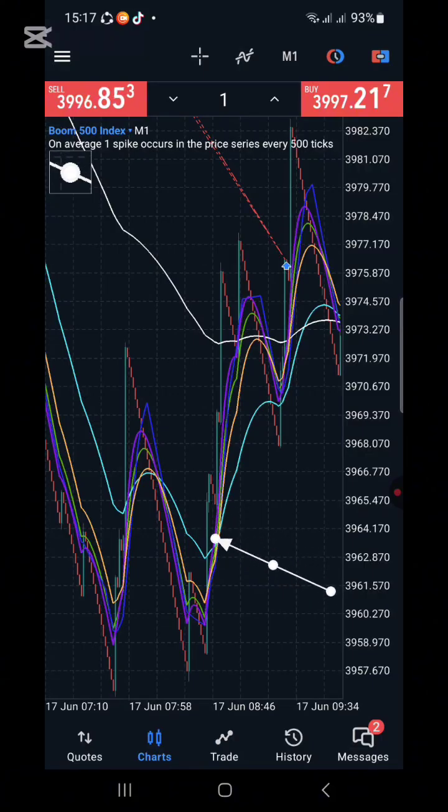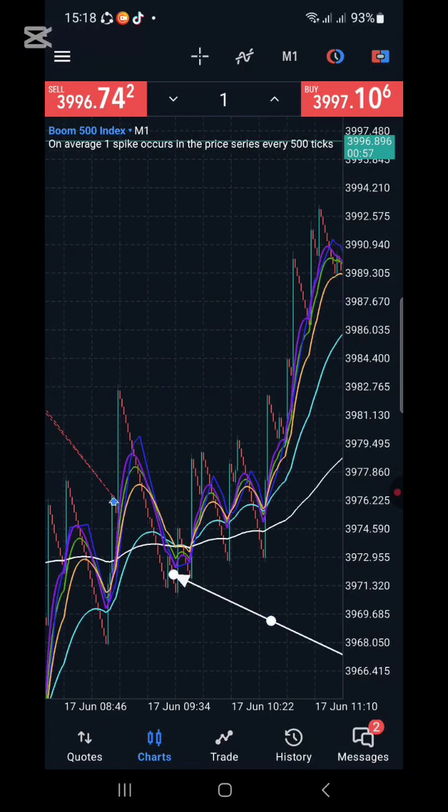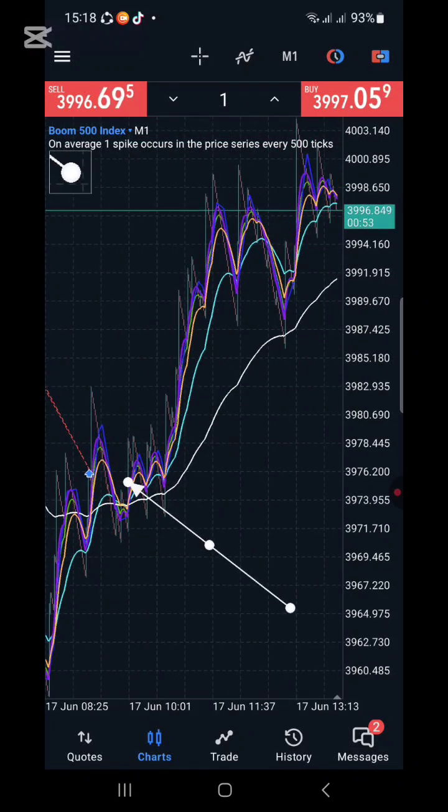Here the 50 EMA crossed the liquidity lines, and a person with this strategy could have entered here, but they crossed here. This is a retest. You enter, you hold. They are retesting even the lines, they are grabbing liquidity. So in our next video, I'll teach you on this one.